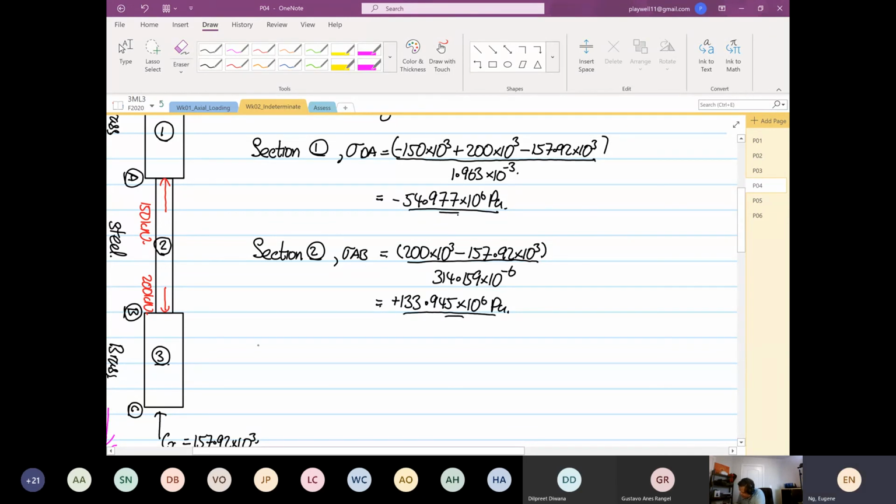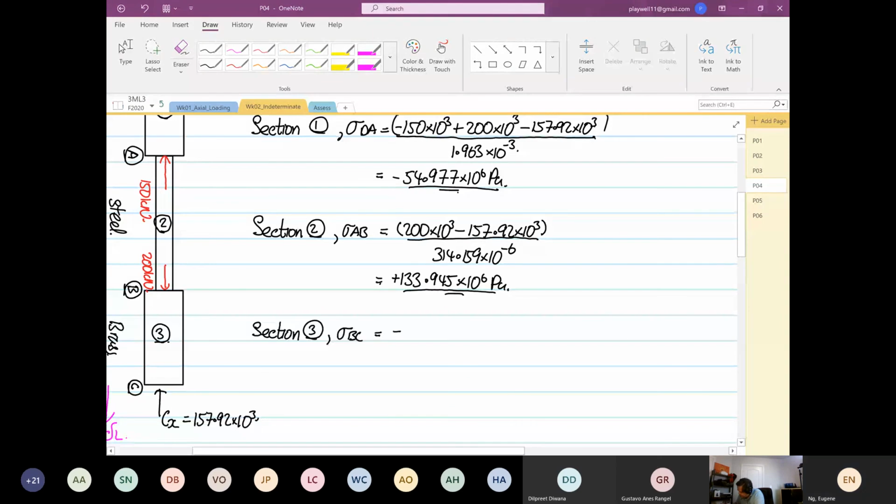And then we have section 3. You can see stress BC. At BC, it can only feel the 157. That's why I taught the handbang last week. Now when you do this, oh no, the area is wrong.